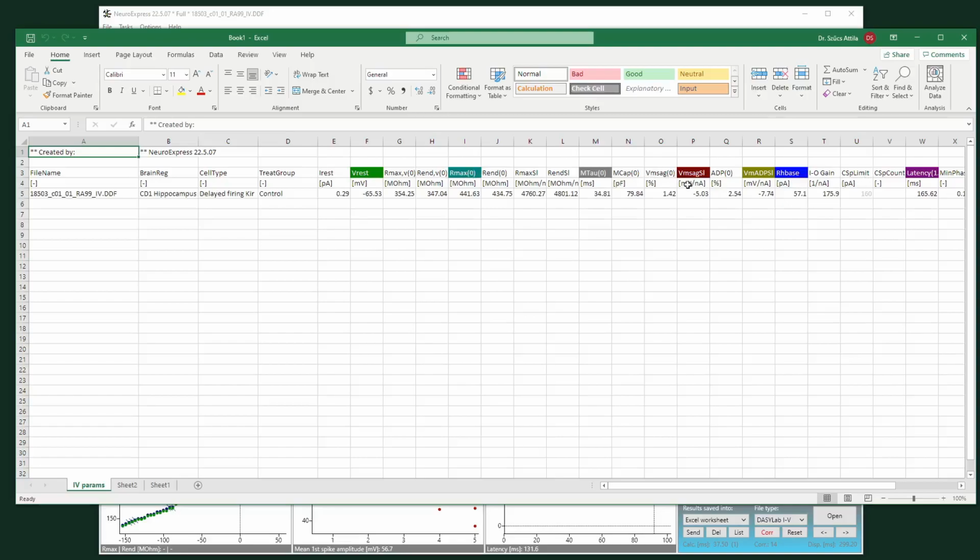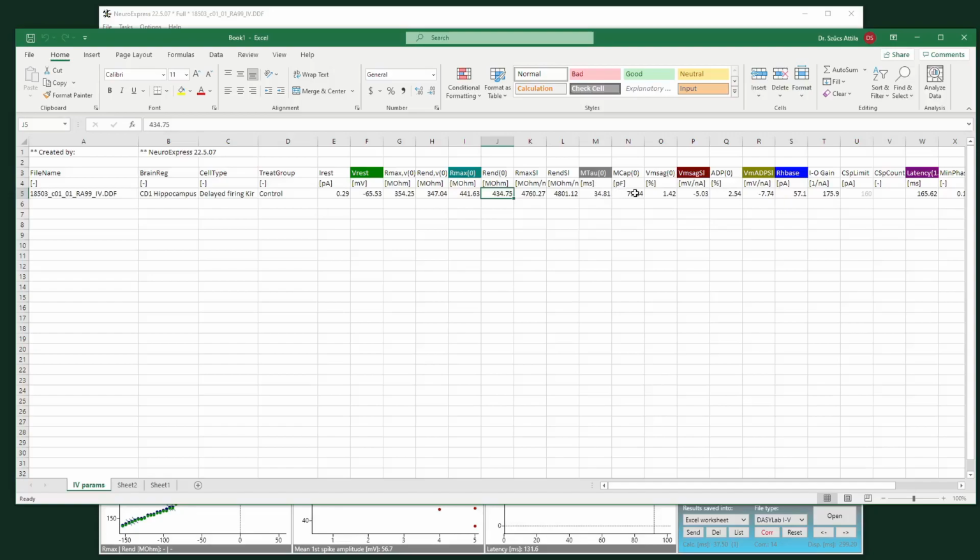And some of these parameters or the headers are highlighted. These are the parameters that are probably the most important and most widely used ones. Membrane resistance at zero current, so the input resistance of the cell, is shown here. The steady state, the end point resistance, is the second.